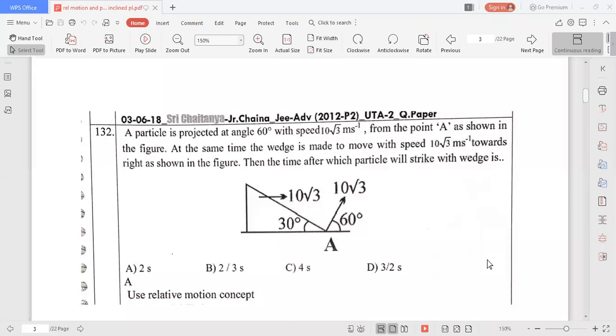At the same time, the wedge is made to move with a speed of 10 root 3 meter per second towards right. So the velocity of the particle is u1, and the velocity of the wedge is u2, equal to 10 root 3 meter per second towards right. Then the time after which the particle strikes the wedge. First of all, whether the particle strikes the wedge or not, you have to say.